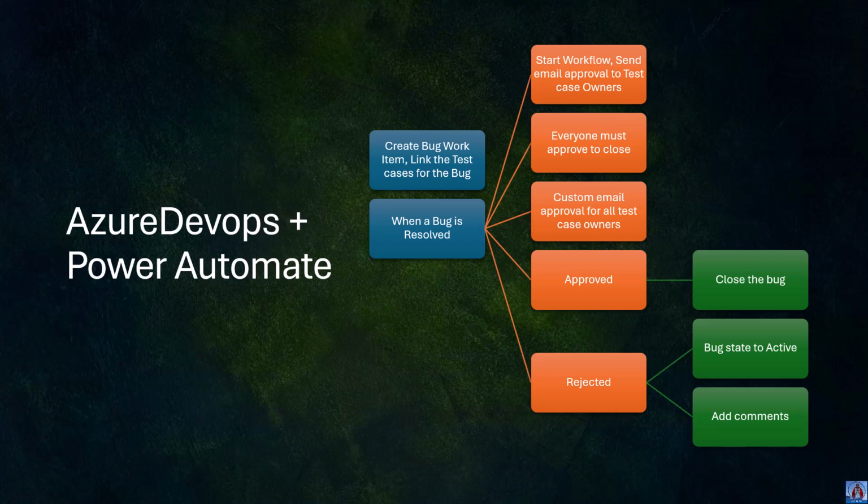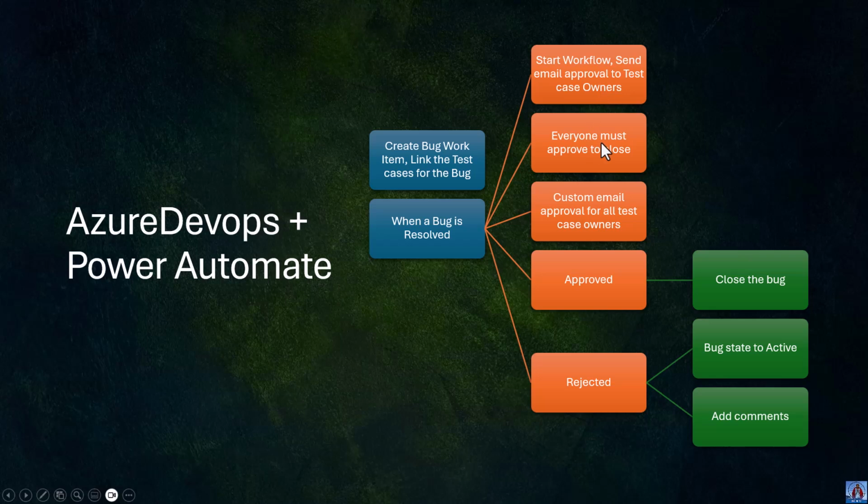So every time they create a bug, the developer can fix it and make it resolved. Once it is resolved, this is the next step. A developer fixes the bug and marks it as resolved. Once he marks it as resolved, the workflow is triggered and an approval notice is sent to the people assigned to the linked test cases. Imagine a bug is linked to multiple test cases; each owner of the test cases will get an email.